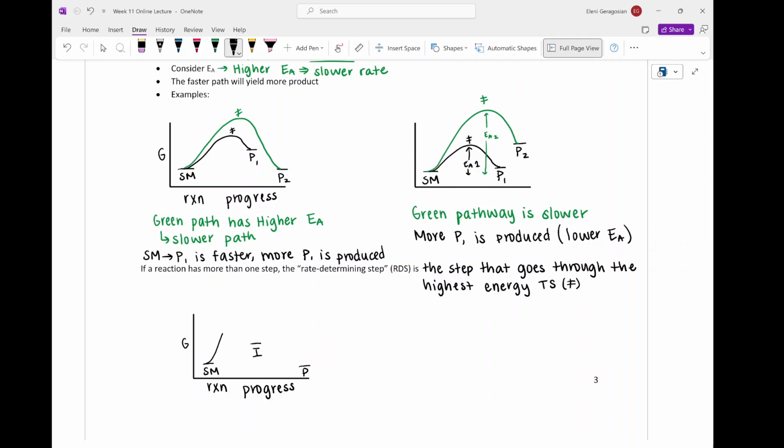So let's say starting material to intermediate requires about that much energy, so we have the transition state for step 1 there, and then intermediate to product requires about that much energy, and there we have the transition state for step 2.